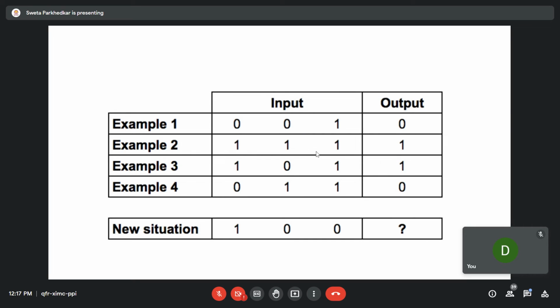If it is 111, the output should be 1, then 101 gives 1 and 011 gives 0. It's just the actual input and the predicted output. And we'll check what happens if the input is 100, what should be the output.